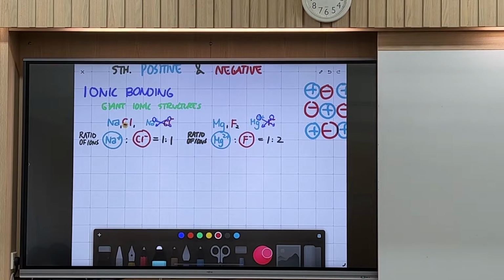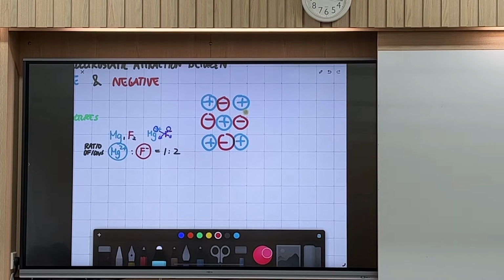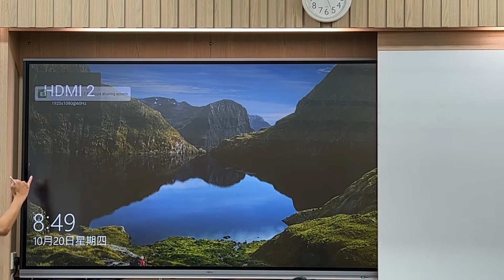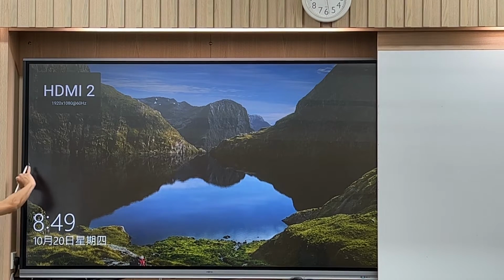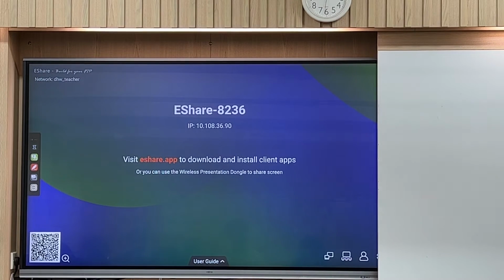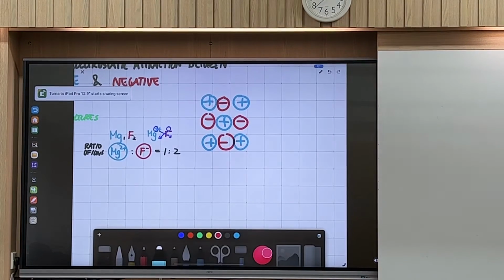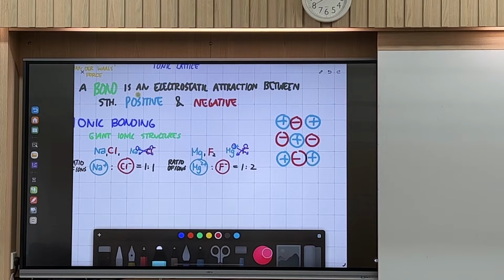If you have NaCl, then the Na+ and the Cl- ions in this lattice will be in a 1-to-1 ratio. If you have MgF2, the Mg2+ and F- will be in a 1-to-2 ratio, which means which ion must be present in greater number?